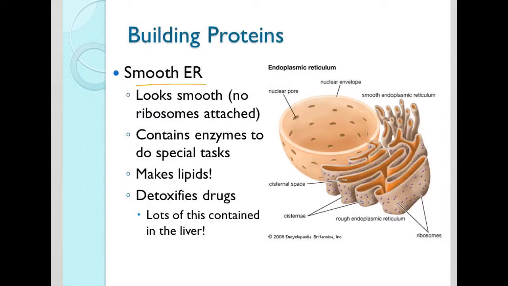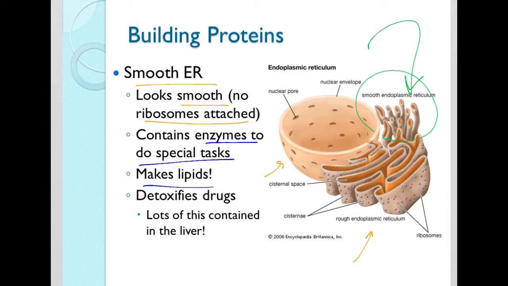The smooth ER, on the other hand, looks smooth because there are no ribosomes attached to it. So here we have the nuclear envelope, the rough ER, and over here we have the smooth ER. Again, it looks smooth because it has no ribosomes attached to it. The smooth ER contains enzymes that will do some special tasks, and it will make lipids.